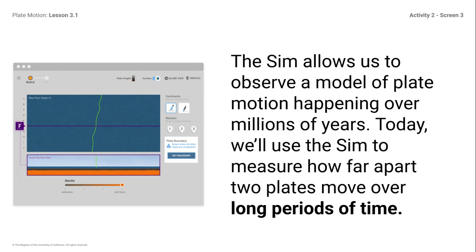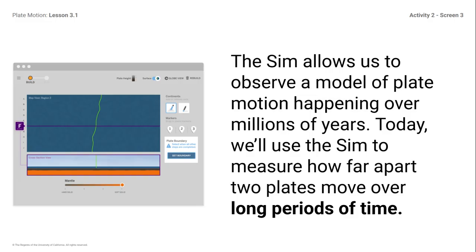The simulation that we've looked at quite a few times helps us observe a model of plate motion that happens over millions of years. Remember, models are a good way of helping us understand what happens over a longer period of time than what we can see with our eyes right now.